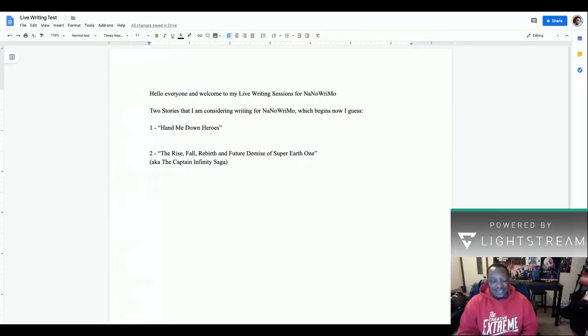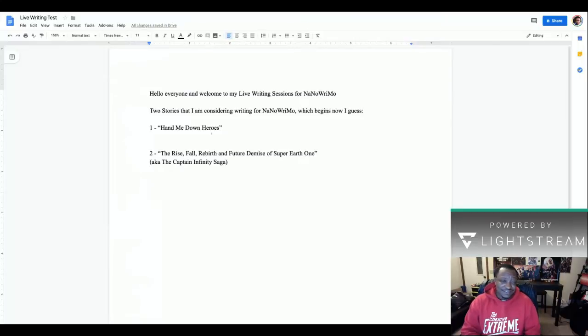The rise came when the humans first got to this planet through some interesting means, and then a group of humans built Super Earth One. The fall was the hyperhuman war. The rebirth is what happens in the wake of the hyperhuman war, and then the future demise is a prophecy that this planet will be destroyed.